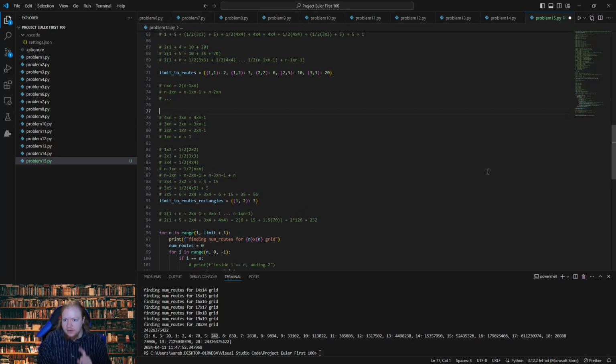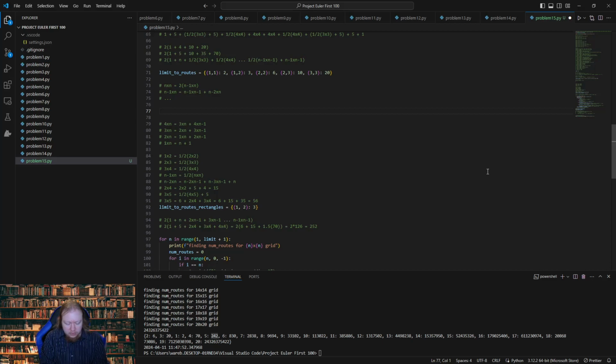So let's think about this in terms of n equal to... let's write it out in terms of like 6 by 6. So 6 by 6.